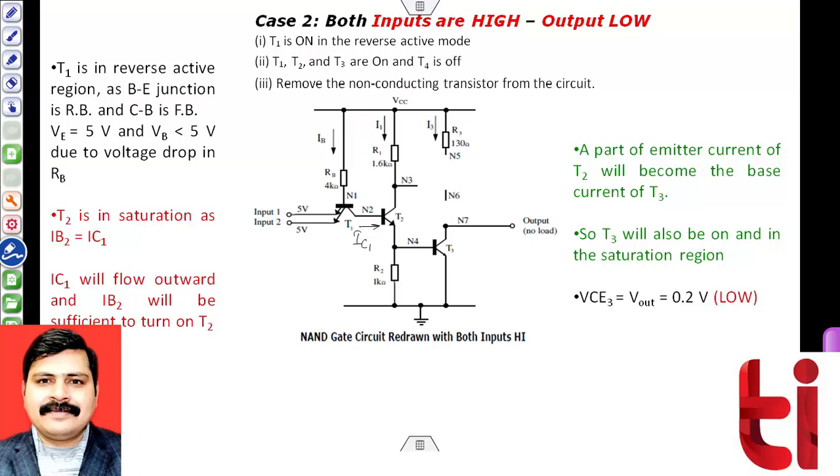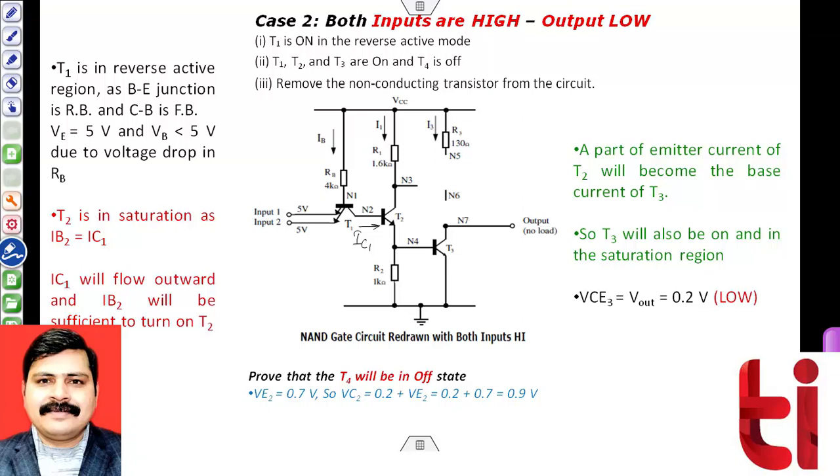Now there is one very interesting part. One can ask the question: prove that this particular transistor T4 is in off condition. Okay, so let me tell you how to prove it. For this you can check first. I have to calculate several voltages, and I have to calculate the voltage of this emitter part over here. What is the value of VE2? For this I am starting from transistor T3. You can check, the emitter terminal of transistor T3 is directly connected to ground.